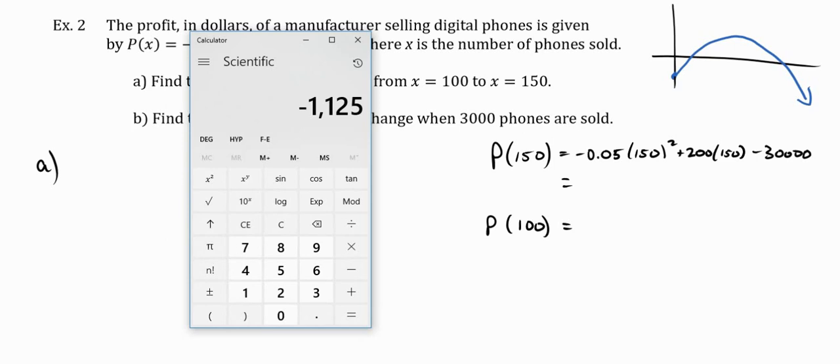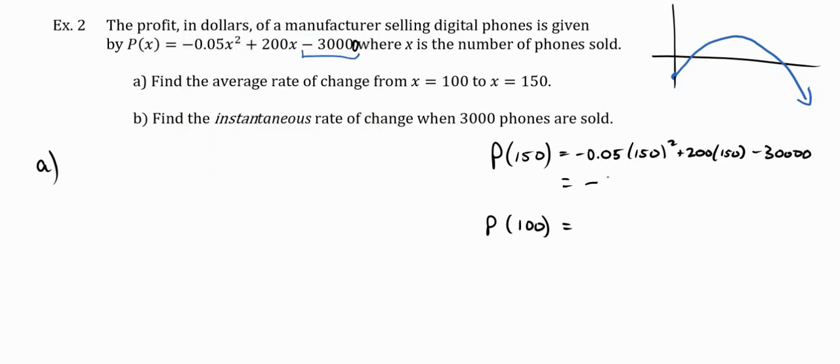So negative 1,125 is what I get here. Has anybody done the other one? Yeah, negative, right? Good. 10,500 for the other one.